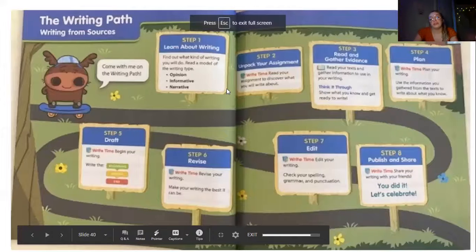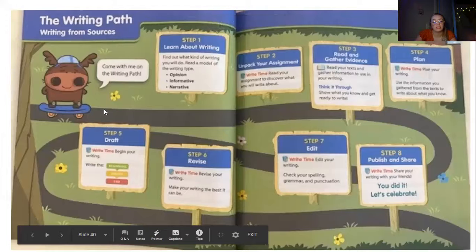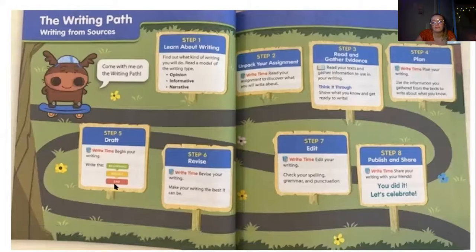And today we are drafting our ending. So I'm going to share my screen. We'll start off like we always do. Looking at the writing path, we are still in step 5, drafting the end today.